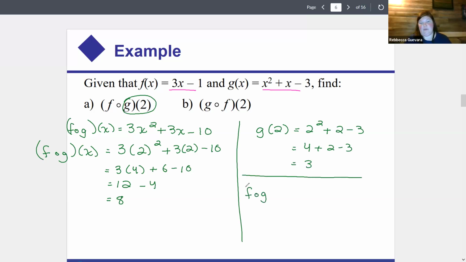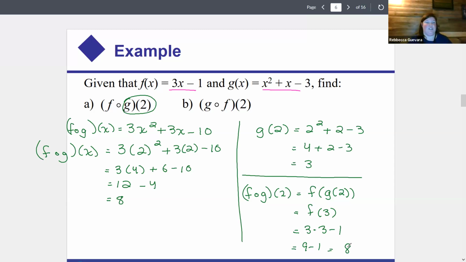Now, if I want F composed with G of 2, that means really what I'm looking at is F of G of 2. Because G is my inside function, X is referring to whatever happens inside of G. So your X goes into G first, and then we get G of 2, which we said was 3. So that means F of 3, I have to figure out next. So that is going to be 3 times 3 minus 1, or 9 minus 1, or 8.